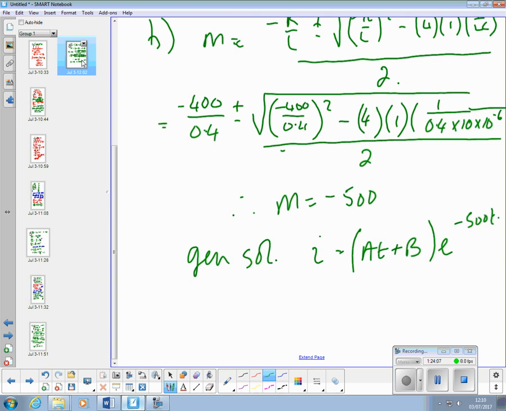Because in your types of thing, real and the same is in the form of y equals (ax plus b) in brackets times e to the kx, k being the value of m. Okay.